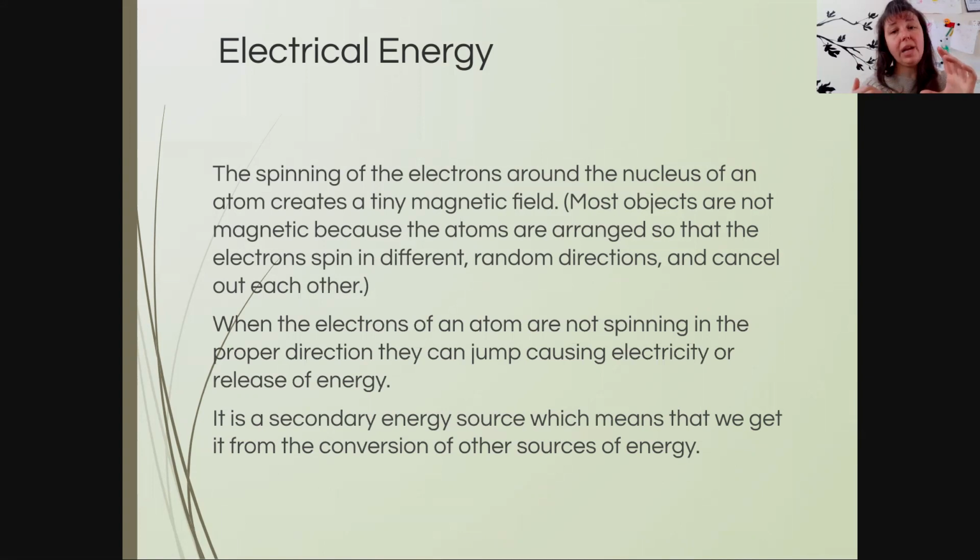And if I create a jumping from one valence shell to another, and then even from one atom's valence shell to another atom's valence shell, that electron jumping is electrical energy. So that is electrical energy at its finest as it's moving through.